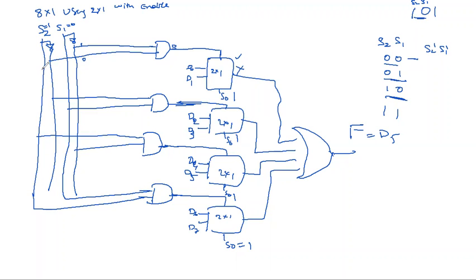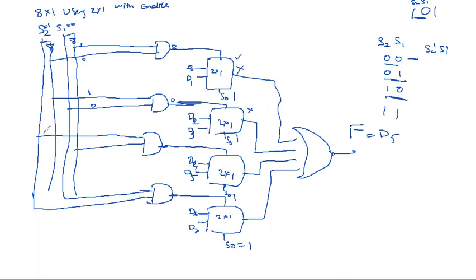Next, this will be 1, this will be 0, again 1 0. 1 0 means the output is 0, so this will also not be activated.